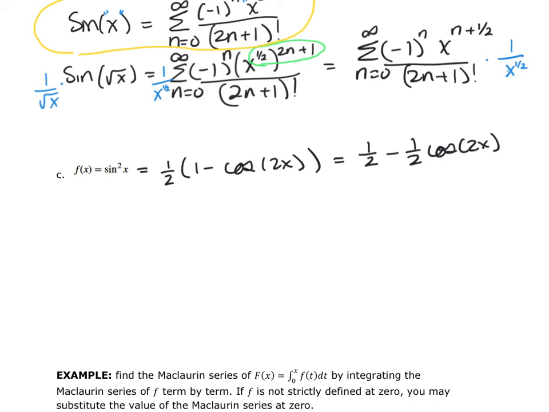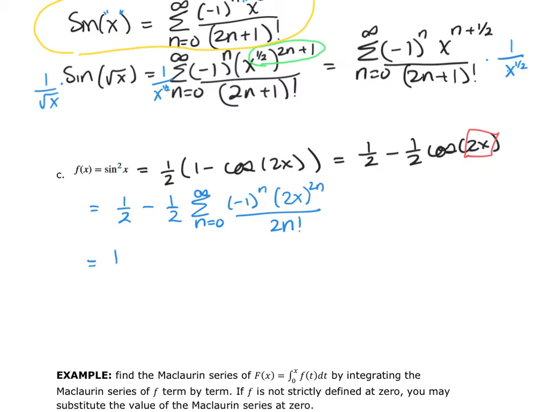So this is going to be equal to 1/2 minus 1/2 the summation of n equals 0 to infinity of -1 raised to the n. My x, my quote x, is 2x. So this is going to be 2x raised to the 2n divided by 2n factorial. Let's go ahead and clean this up.